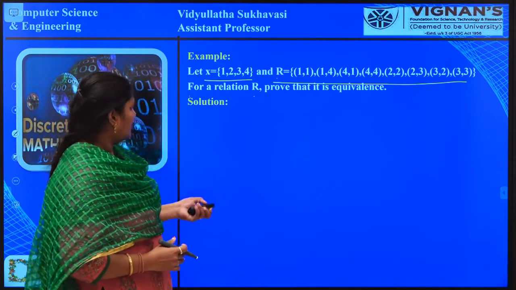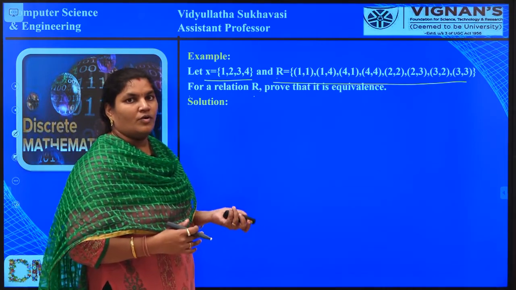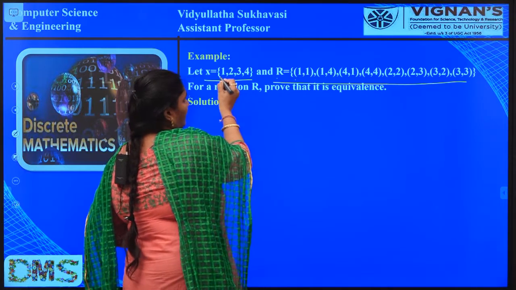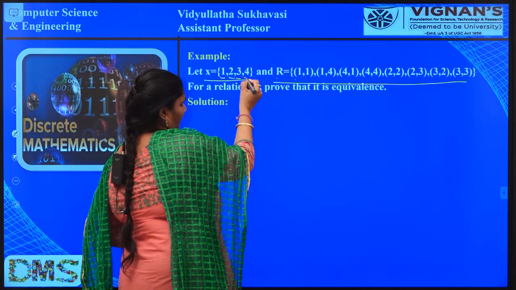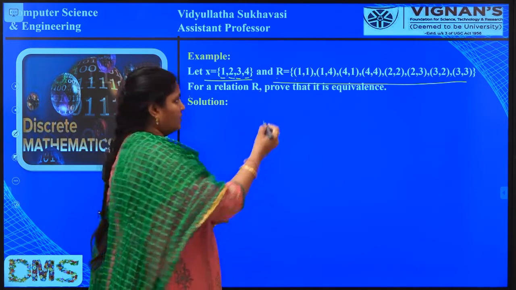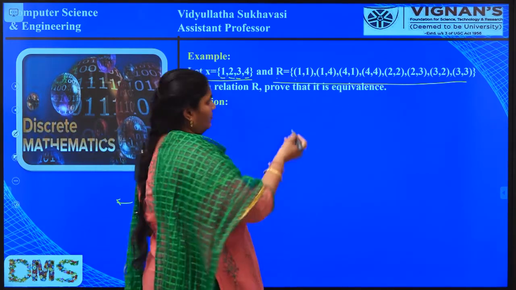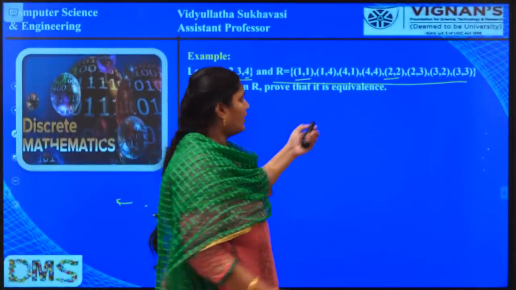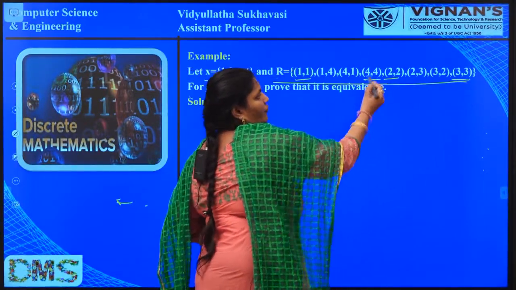So if we want to prove reflexive form, we need to check. What are the elements we have in set A? 1, 2, 3 and 4. So what are the ordered pairs we need to check here for satisfying reflexive? (1,1), (2,2), (3,3) and (4,4) are there.